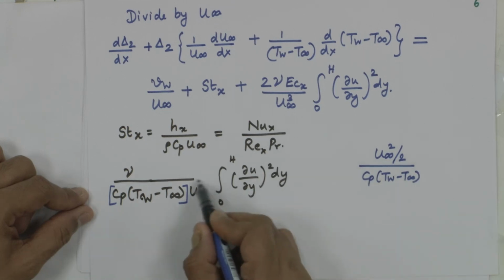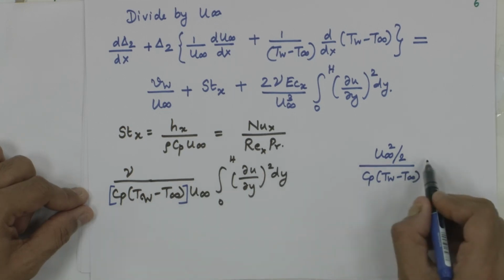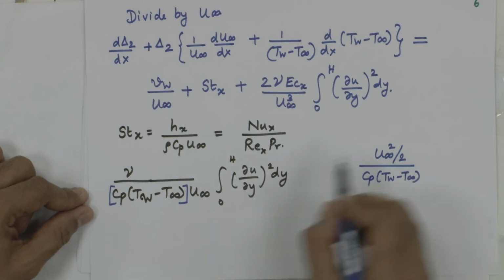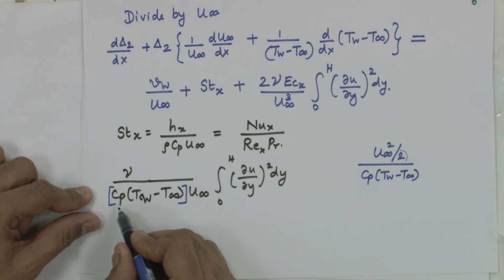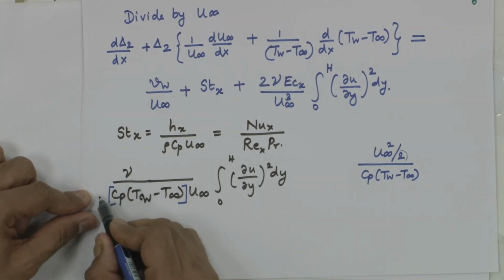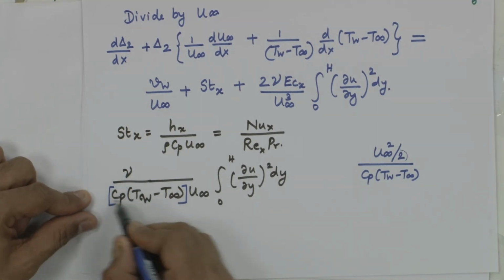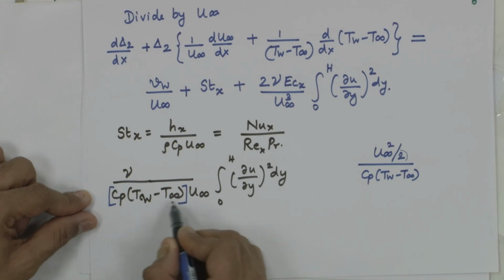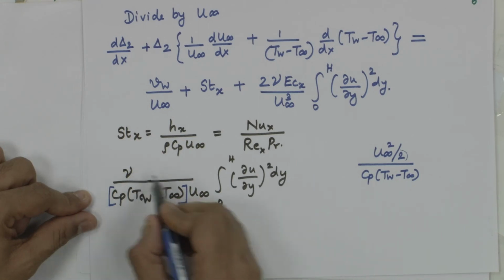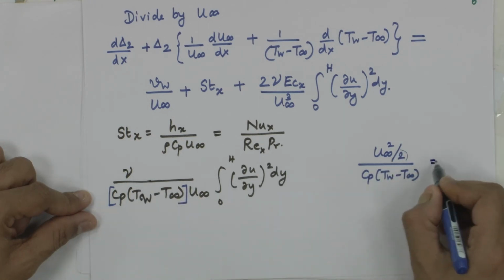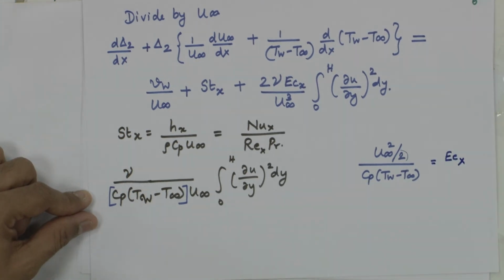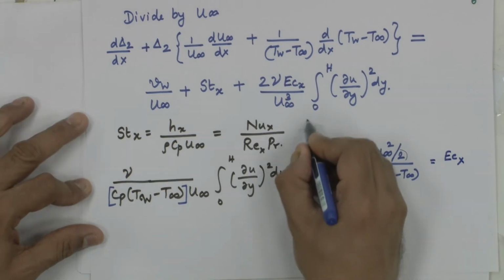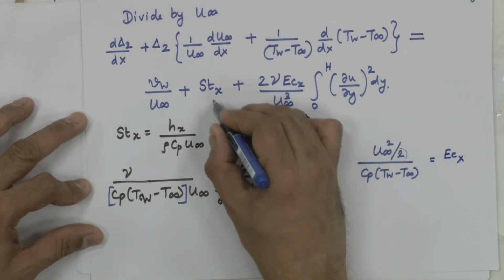The u infinity cubed comes from here, and the factor of 2 comes here because this 2 is sitting here, and this quantity nu remains as it is. So, u infinity squared by 2 Cp times Tw minus T infinity is nothing but your local Eckert number. Therefore, this is what is here.